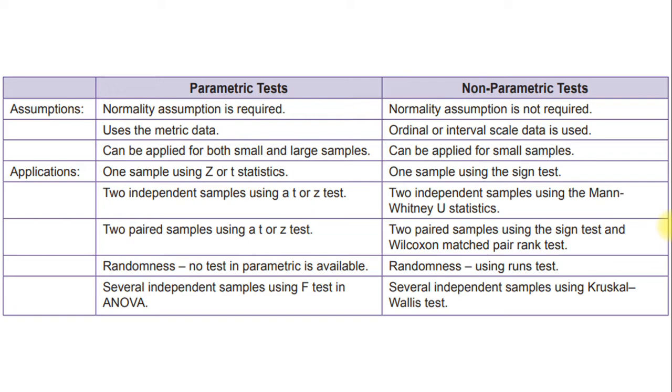When it comes to the application part, Z and T tests are generally used along with ANOVA in parametric tests. But here we generally use a non-parametric test. The detail is still available with you in my last video. So here we generally use a non-parametric test such as chi-square.